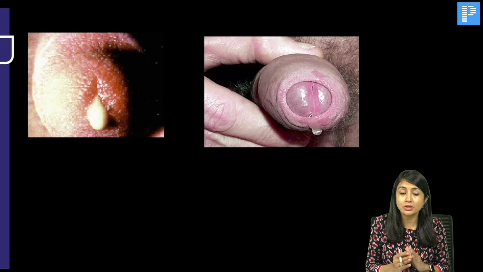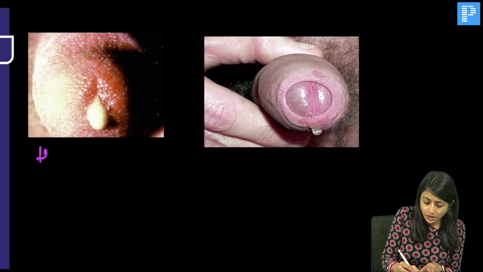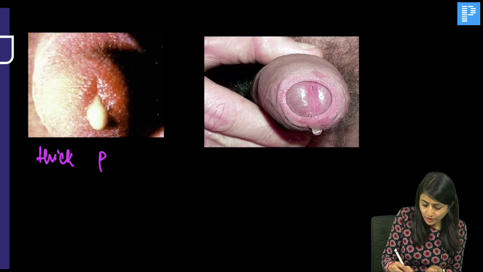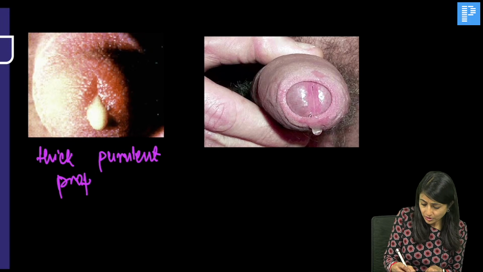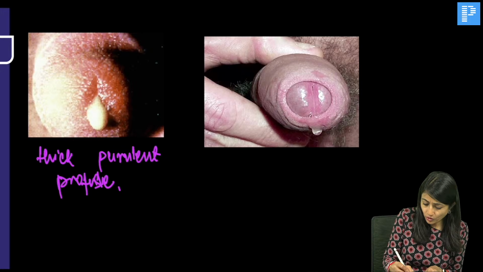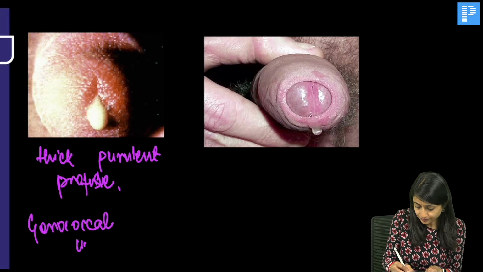Urethral discharges may be given to you. Image helps sometimes because if you see thick, purulent, profuse discharge, you have to think of gonococcal urethritis, right.